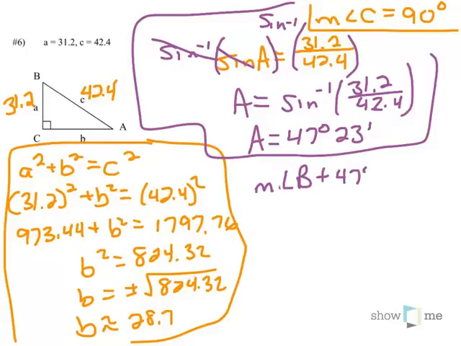The two acute angles of a right triangle have to be complementary. I subtract 47 degrees 23 minutes from both sides, and I get the measure of angle B. Gives me 42 degrees, 37 minutes.